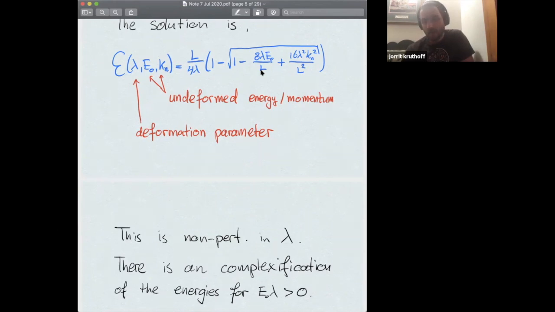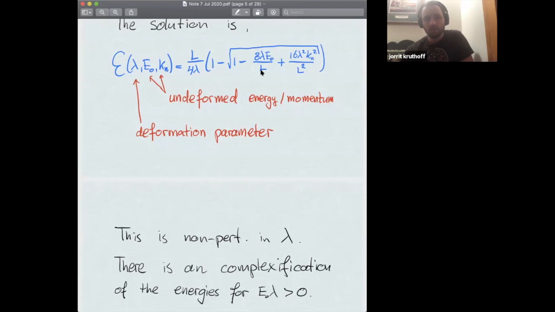And perhaps this is what we should expect from this particular deformation, because it's an irrelevant deformation, and the intuition here would be that the UV gets thrown away for too large energies. The spectrum becomes complex, and these states shouldn't be considered anymore.